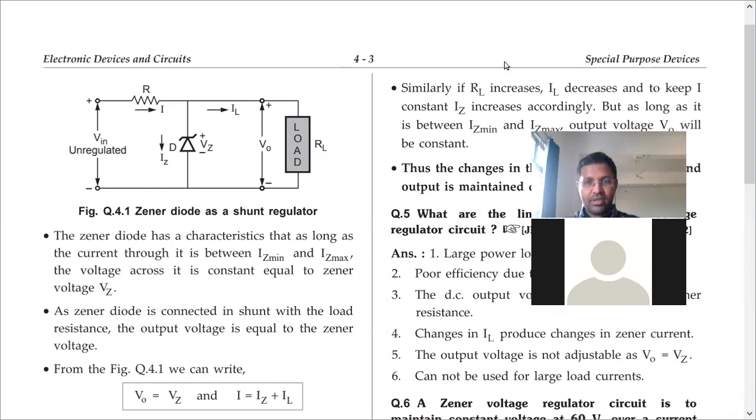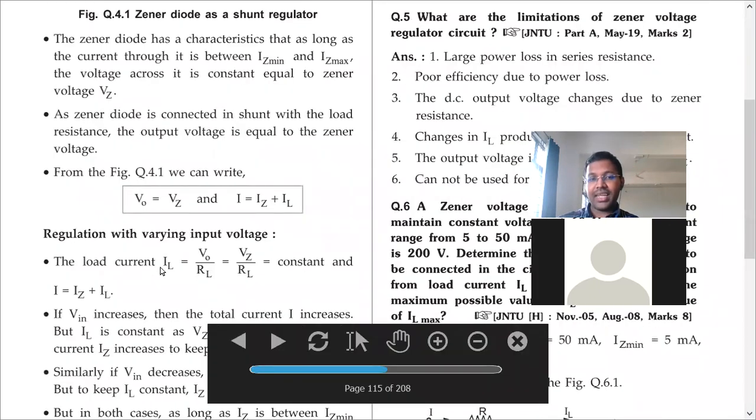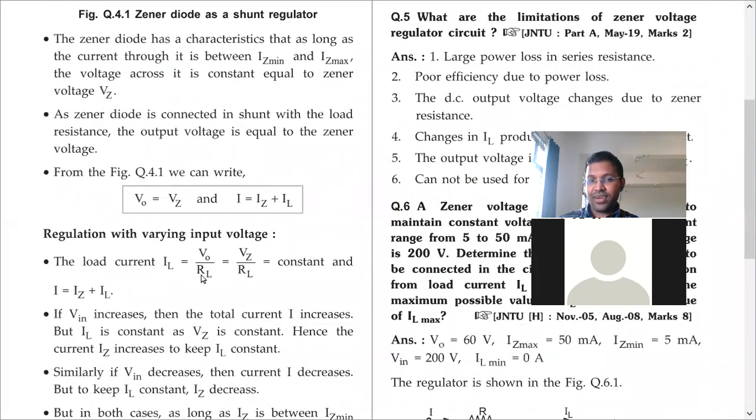Listen carefully. When RL reduces, we know Zener diode will maintain constant voltage across it. So V naught is anyway constant. When RL reduces, V naught is constant means IL has to increase. IL is V naught by RL or VZ by RL, right?